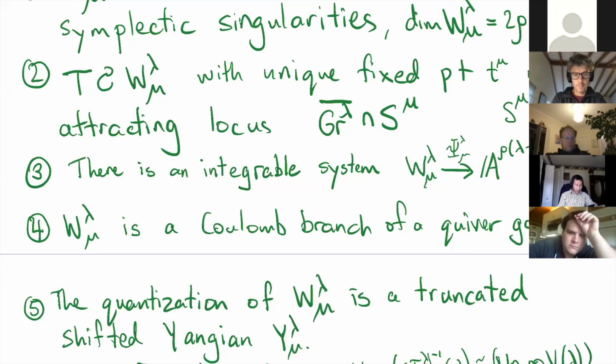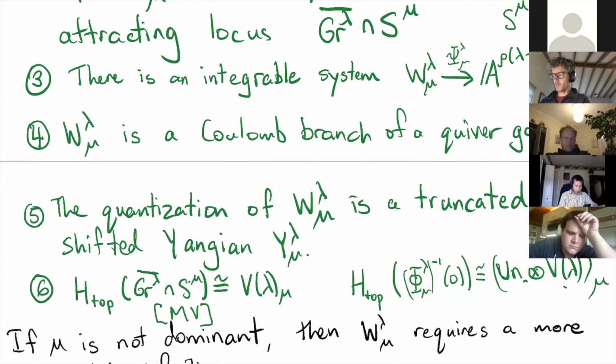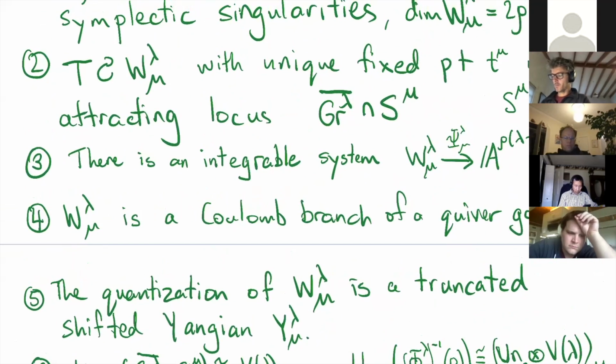And then this truncated shifted Yangian means we first form a certain subalgebra of the Yangian, that's the shifted part, and then we take a quotient of that. So it's a certain subquotient of the Yangian. So it gives us a very explicit handle on this quantization. For example, this example maybe not coming up here, but for example, maybe I'll write it in.